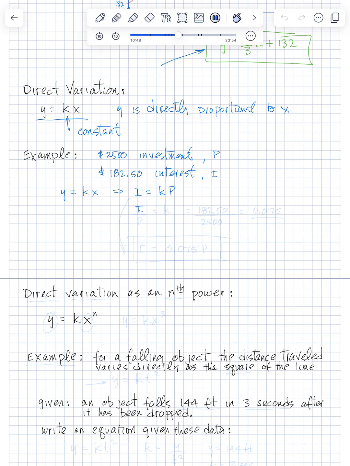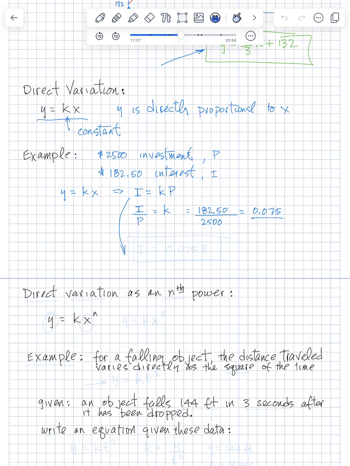So I divided by p is equal to k, and this is our constant. And so this is equal to 182.50 divided by 2,500, and that gives us 0.075.